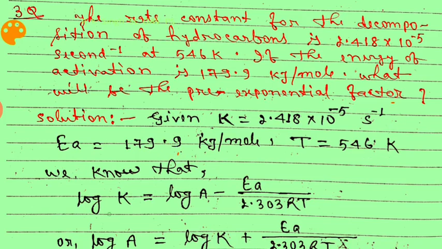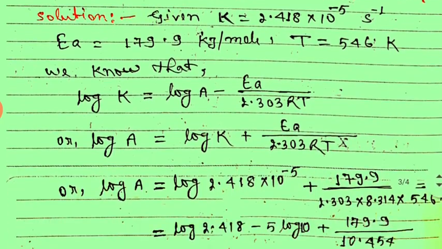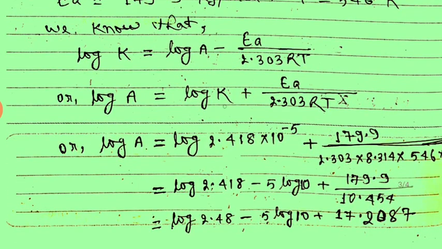We know that log K is equal to log A minus Ea by 2.303 RT, or we can write log A is equal to log K plus Ea by 2.303 RT, because log A is on the left side and log K is taken to the right side.